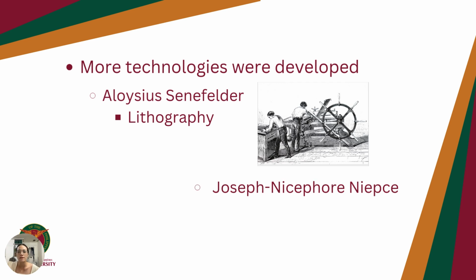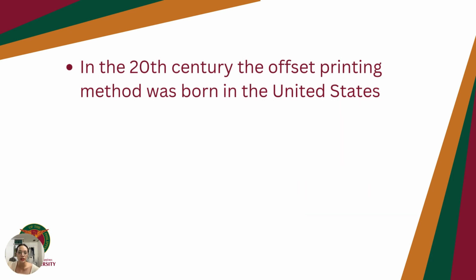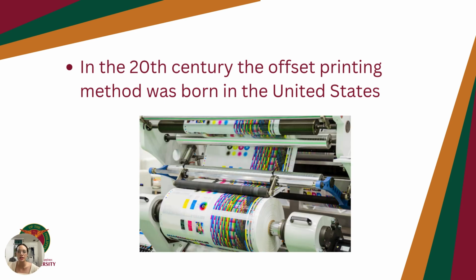And then we have Joseph Nicephore Niepce from France, who is one of the earliest pioneers of photography. Both of these inventors, si Aloysius and Joseph, they both experimented on the use of photographic principle in printing. And then finally, in the 20th century, the offset printing method was born in the United States.